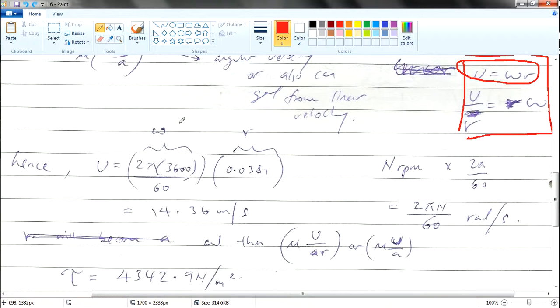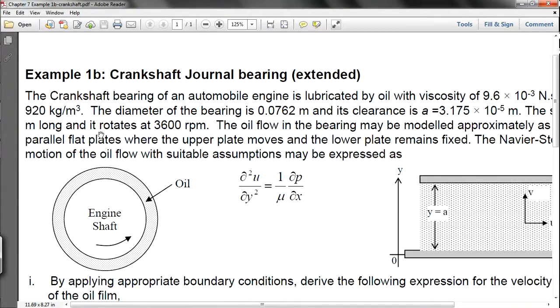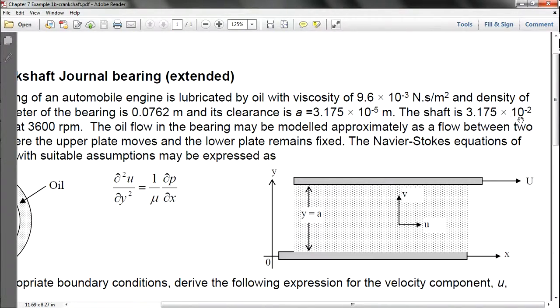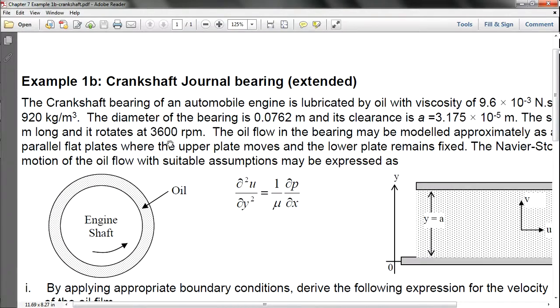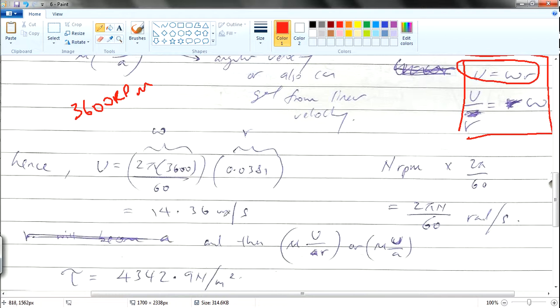Why do I do that? This 3600 is the RPM. If you remember, it says that the shaft will rotate at 3600 RPM. So in order to change it into meters and seconds, we have to multiply by 2 pi, which is radians per second.